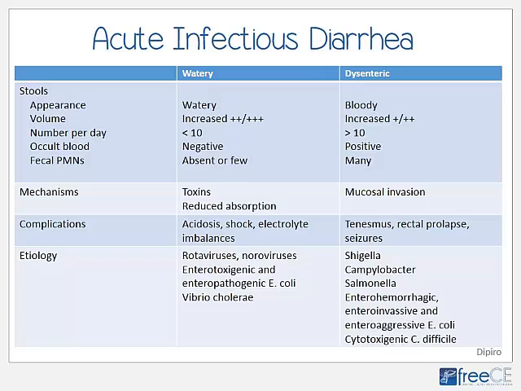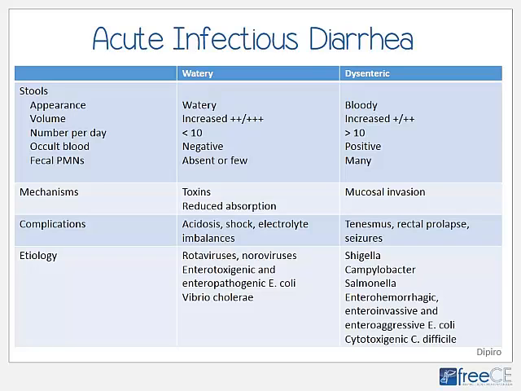If you did a test for occult blood, which generally is a good test for colon cancer screening, but if you talk to any of the physicians that I work with in general internal medicine, they'll say it's a worthless test for anything else. But if you did an occult stool test, it would generally be negative in watery diarrhea. And if you took a look at the stool, generally there would be few or absent polymorphonuclear leukocytes.